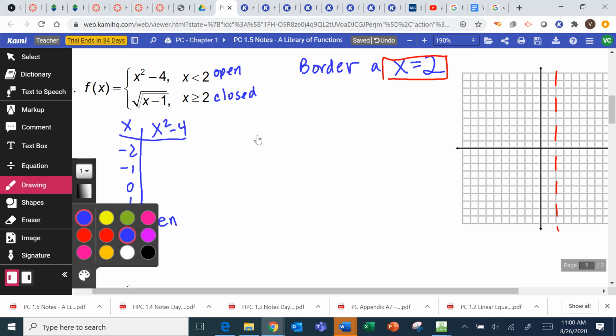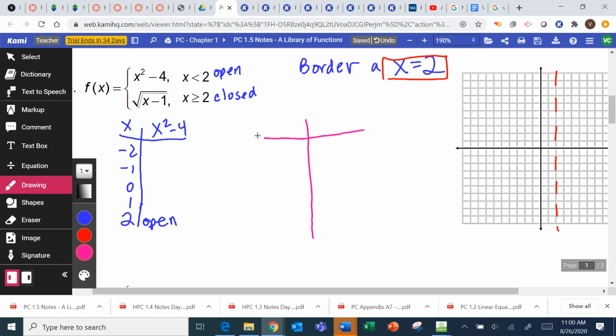Let me just set up my other table. And then the other table would be with the square root of x minus 1. Can you give me some values for the second table that I could use? Okay, so now I'm going to stop before I go a little further.